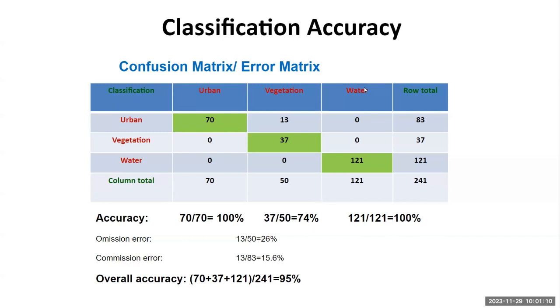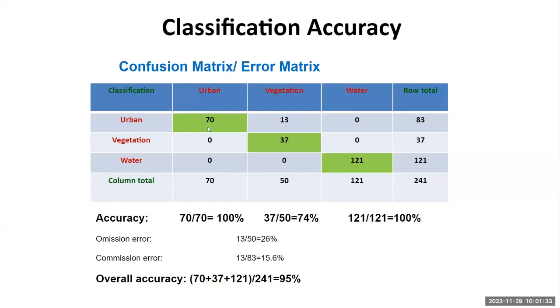And then for water, again, we are in luck. We had a total of 121 points, and all 121 are correctly mapped as water in our image. So for water also, the accuracy is 100%. This is how we find the accuracy for individual classes. And how do we find the total accuracy?